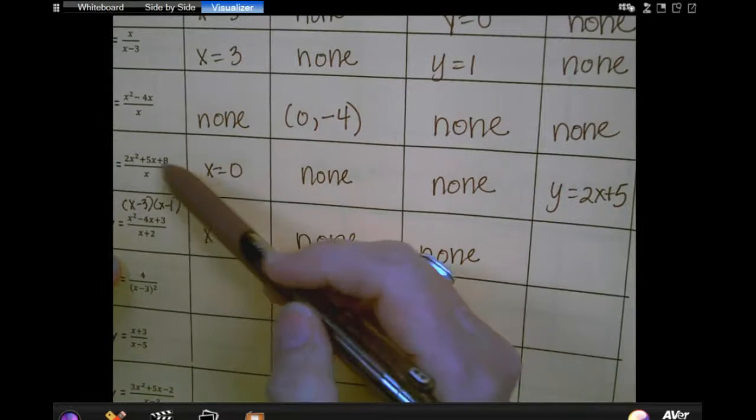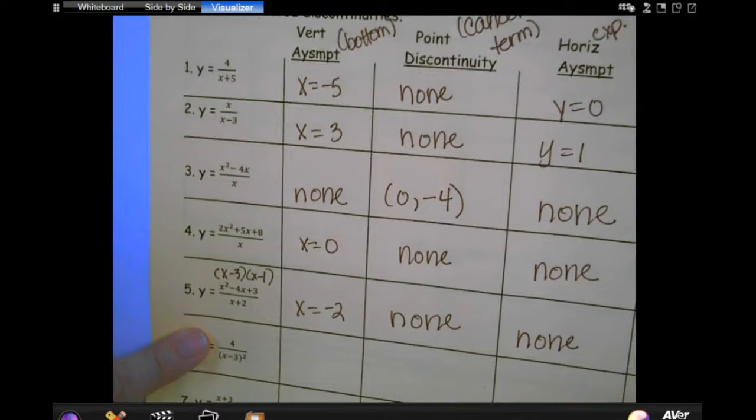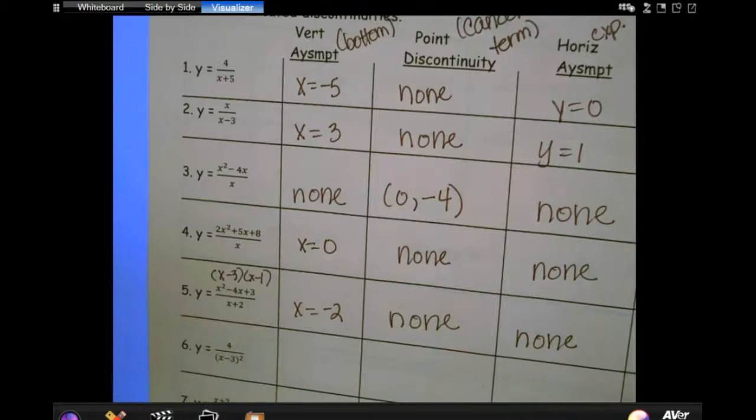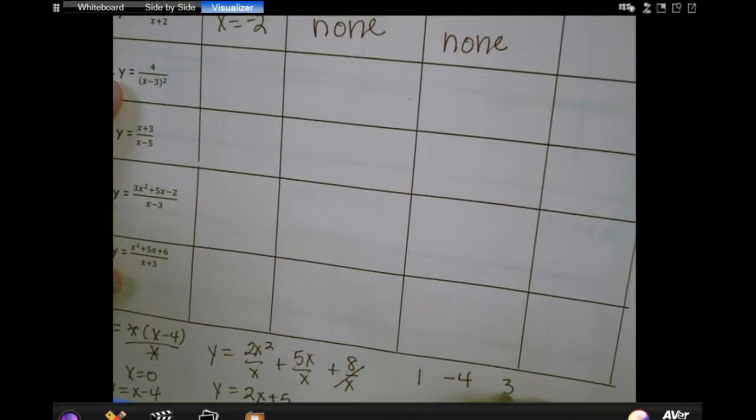Now what's the difference between 4 and 5 on bottom? Right, so on 4, I just had the x, so I could split it apart. This one has an actual term, so we're going to use synthetic division. So when I do the synthetic division, I get 1, negative 4, and 3.